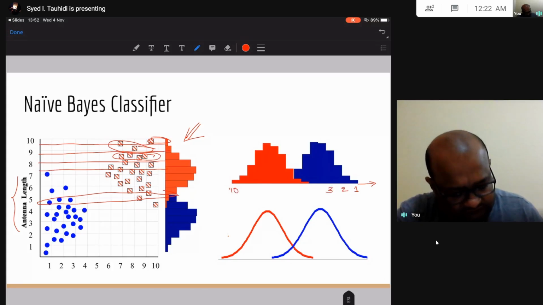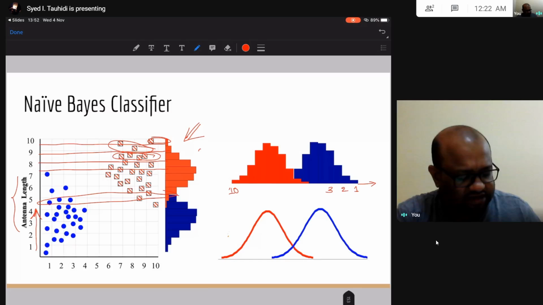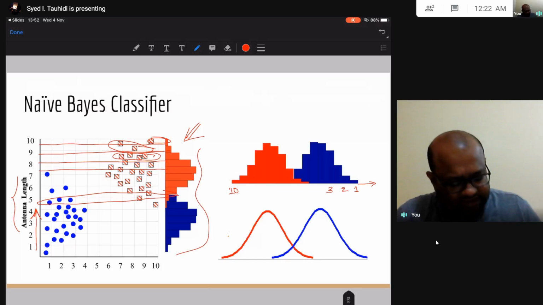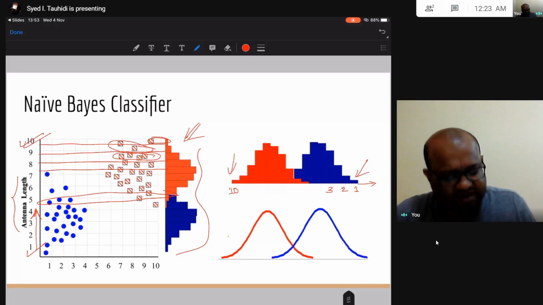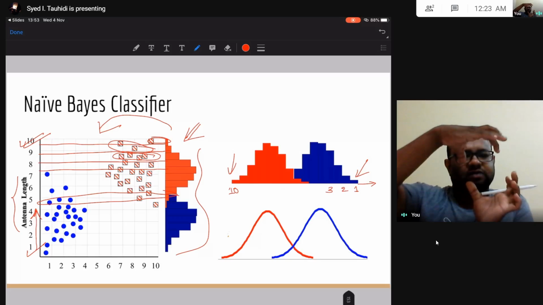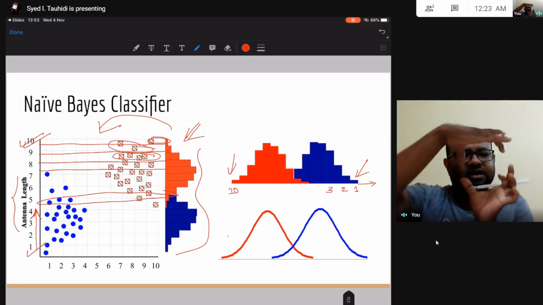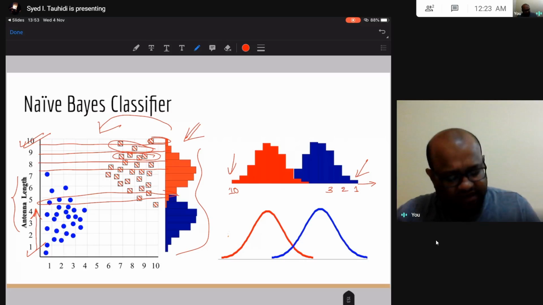So you can see in this graph below, my 1 is here and that corresponds to this region. My 10 is here and that corresponds to this region. I simply rotated this image in this direction, I took the histogram and rotated it like this, so this comes to this direction.